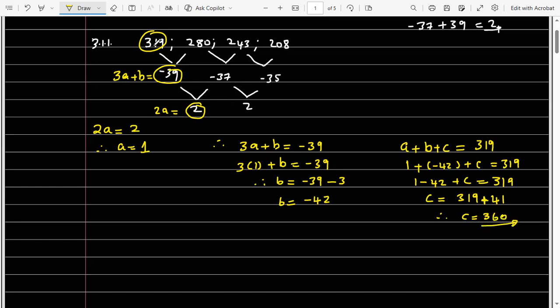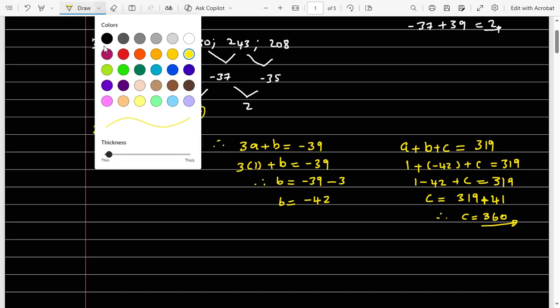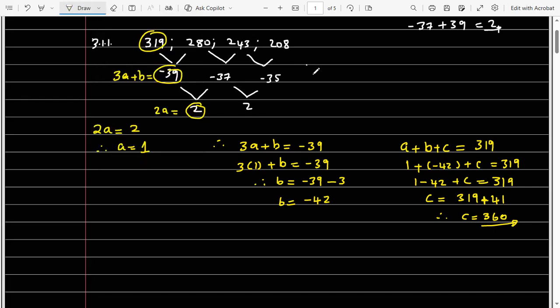Right. So now, if you still remember, the standard form of a quadratic equation, we said that Tn is equal to an squared plus bn plus c. So we know that the value of a is 1. So this will be 1 times n squared. Then the value of b is negative 42.